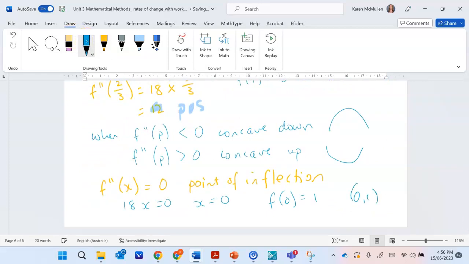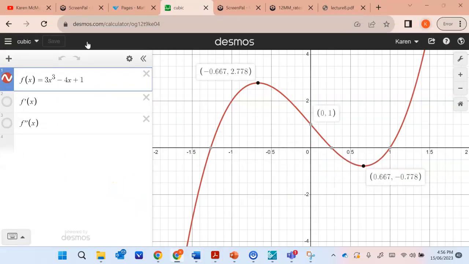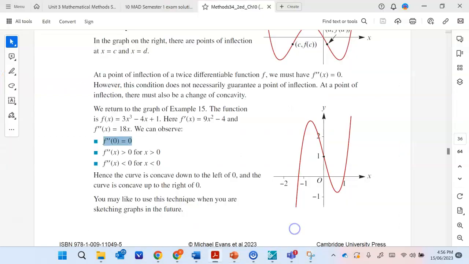So let's have a look at our graph again. We have a point of inflection there. It's also our y-intercept, just happens to be for this one, but you can kind of see it a bit better in the textbook. All right, so we can clearly see it's concave down until we get to 0, 1, and then it's concave up.